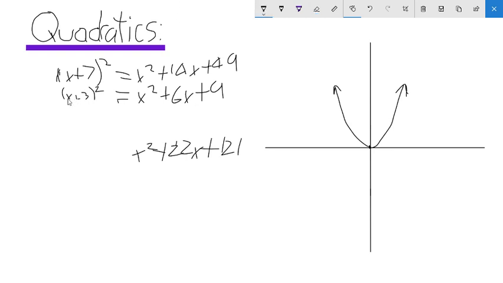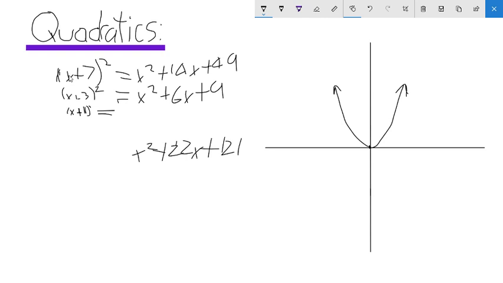Do you guys see a pattern yet? I know I see one. And the pattern is this. When we have a number whole squared, like x plus 7, x plus 3, x plus 11, it always seems that the first term is x squared, and this first term here is x.